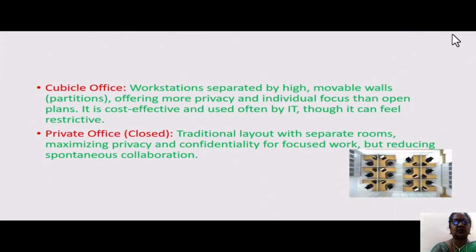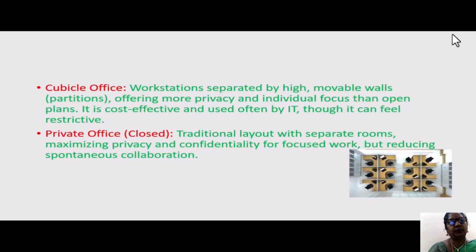Normally in banks we can see this, in the front office, the cubicle. Workstations are separated by high movable walls, partitions offering more privacy and individual focus. So instead of the open space, they will have separate cabins.